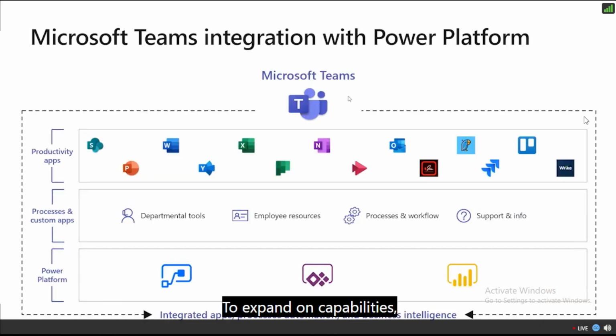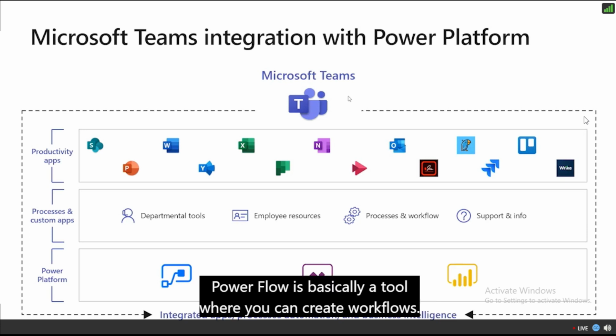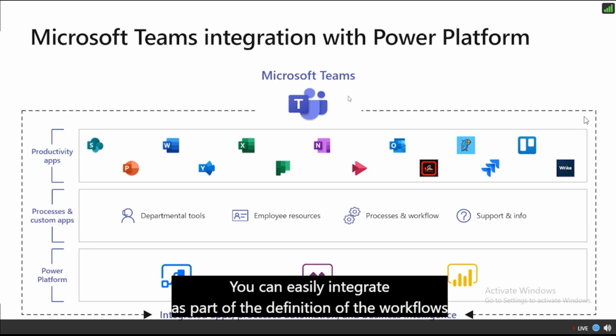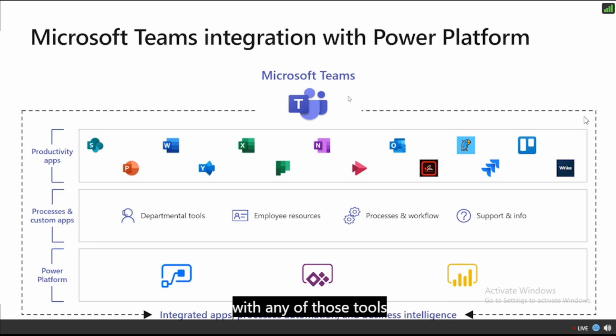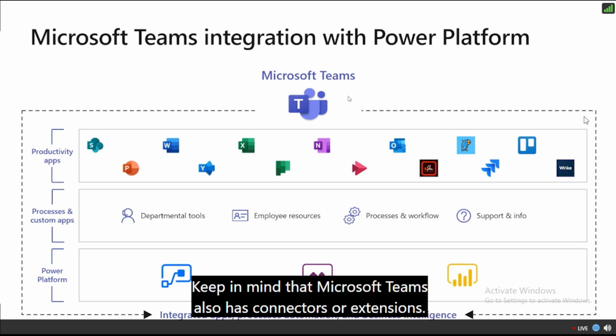And to expand in capabilities, we have something that is known as Power Flow. Power Flow is basically a tool where you can create workflows. You can easily integrate, as part of the definition of the workflows, any of the tools inside Microsoft 365, including of course Microsoft Teams. And keep in mind that Microsoft Teams also has connectors or extensions.